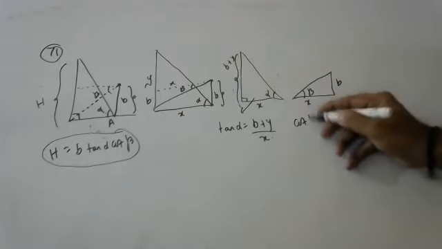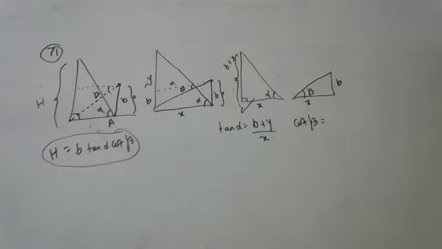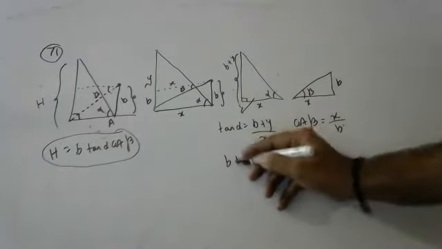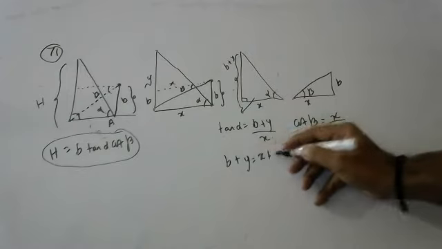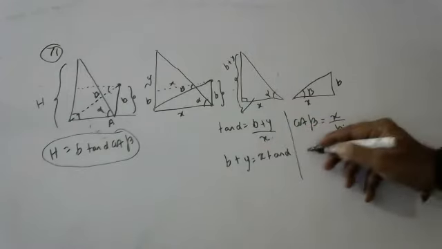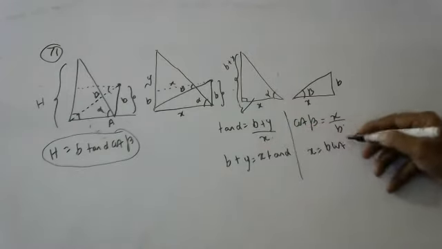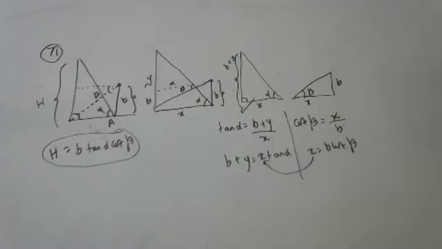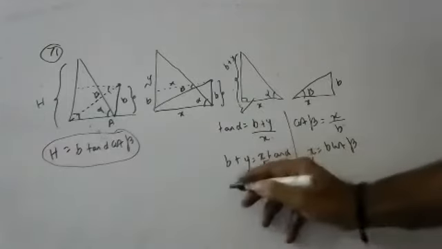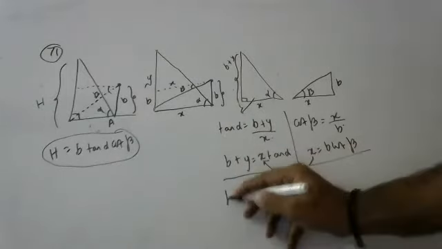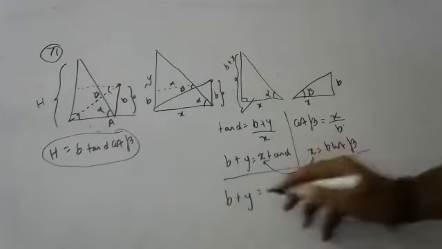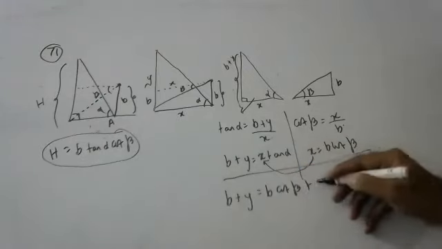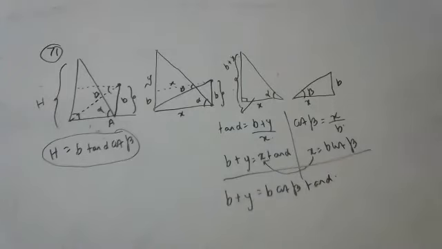Cot is adjacent by opposite, X by B. So B plus Y is equal to X tan alpha and X is equal to B cot beta. Substitute X here, children. So B plus Y is equal to B cot beta tan alpha.